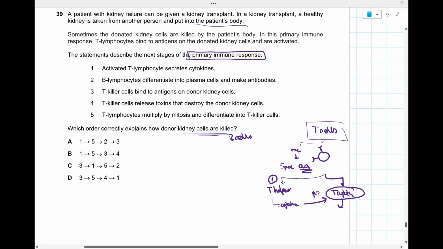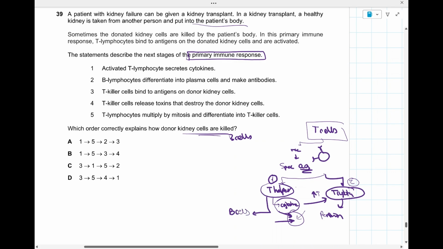Now the T cytotoxic releases something called perforin, which from its name perforates foreign body cells. So it attacks the actual cells while the T helper cell releases cytokines. So when the T helper cell, which is the first step, releases cytokines, these cytokines activate the T cytotoxic, which is the second step, and these cytokines also activate B cells.